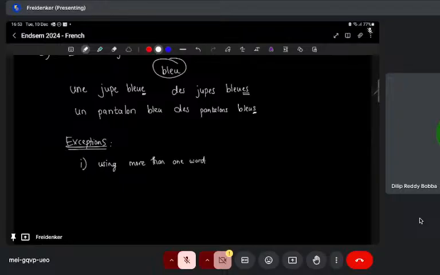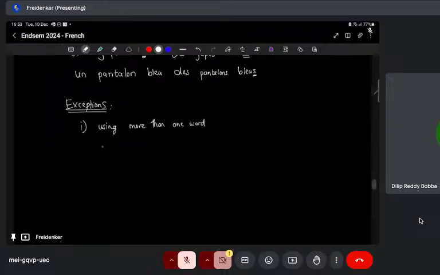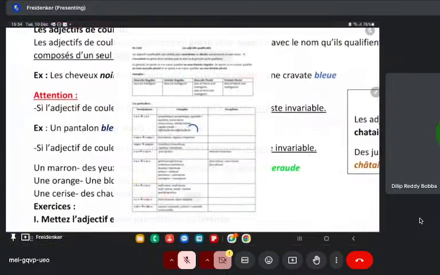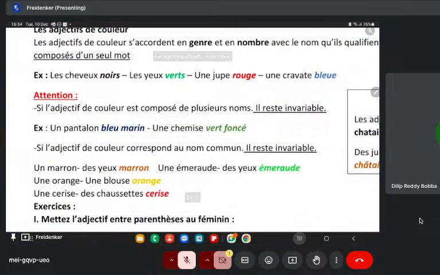For example, like bright blue or sky blue, dark blue. What was the example given there? Marine blue.